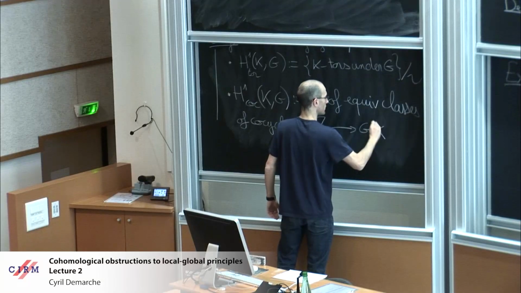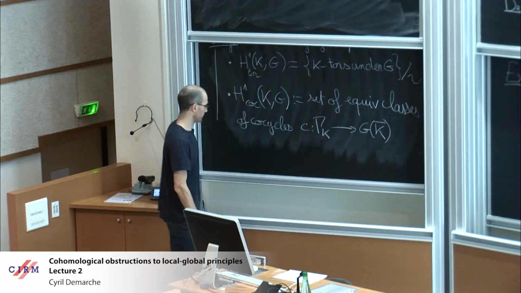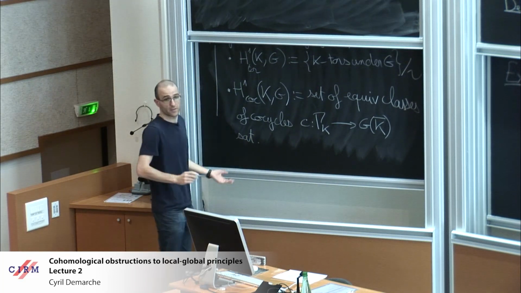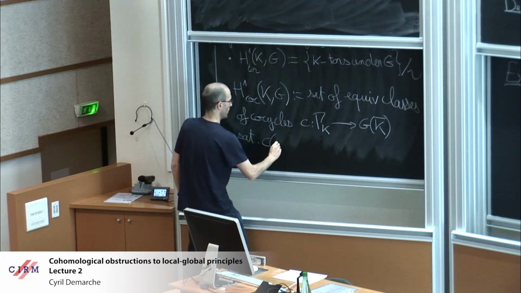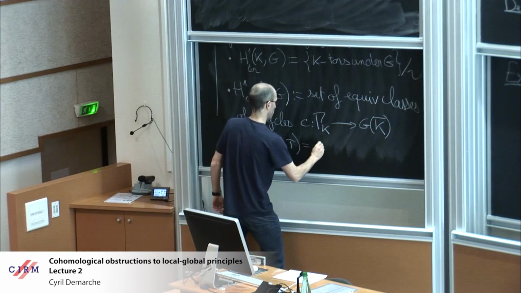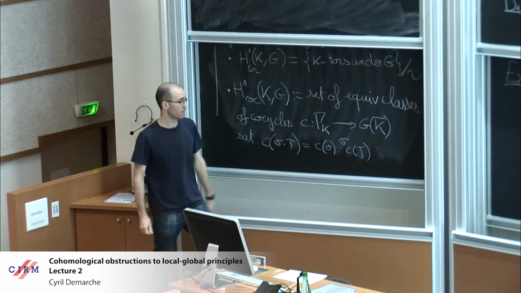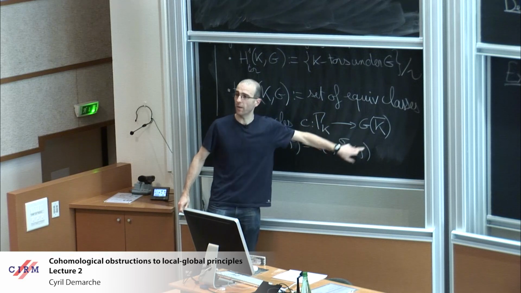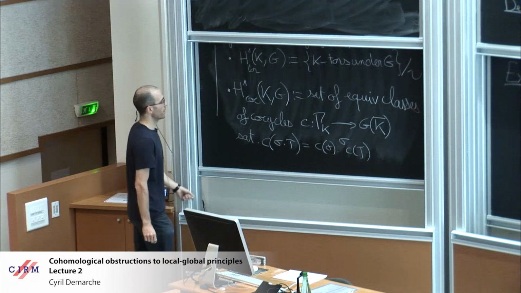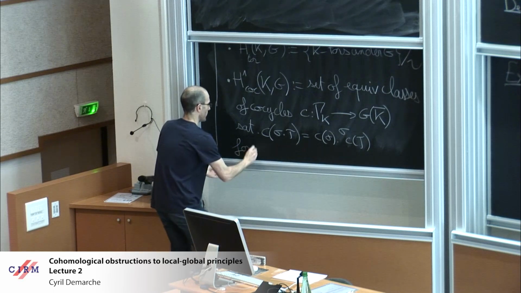You consider cocycles, which are maps c from Gamma_K to the K bar points of G, satisfying the cocycle condition c(sigma tau) = c(sigma) sigma(c(tau)). This is the natural Galois action on G(K bar) that I denote like this. This is the set of equivalence classes of cocycles for the equivalence relation.